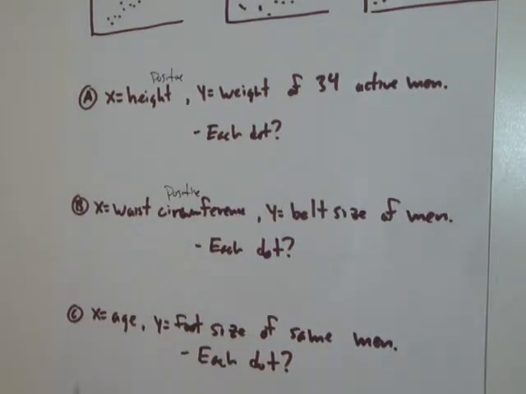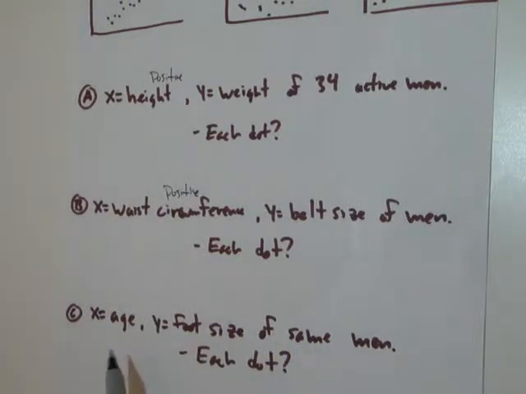And then age and foot size, I thought about this one for a second. If you have a certain foot size when you're 20, that foot size probably isn't going to change very much when you're 60. So whatever your foot size is, that's just what the size is. Your age doesn't really mean anything for that. You could be a 30-year-old person or a 50-year-old person, and your foot size would probably remain the same.